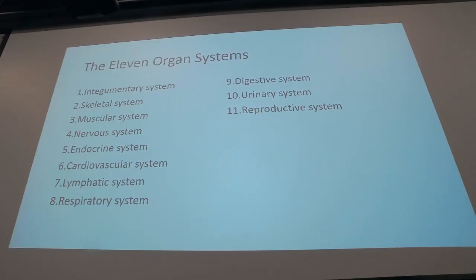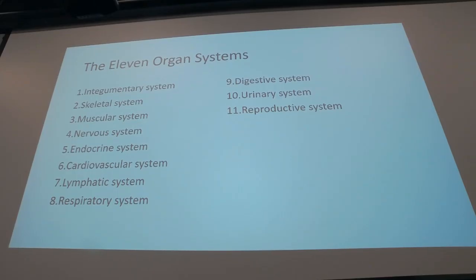Respiratory system includes the lungs, nasal cavity, the pharynx, the larynx or the voice box, and the bronchial tree, the trachea, bronchial tree as well.